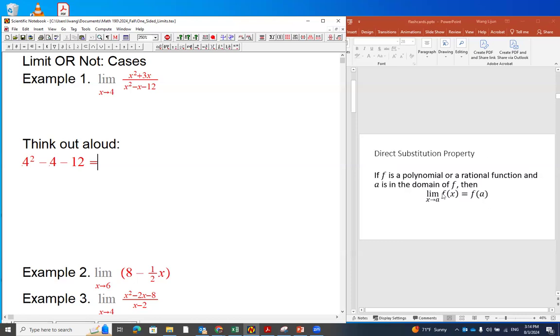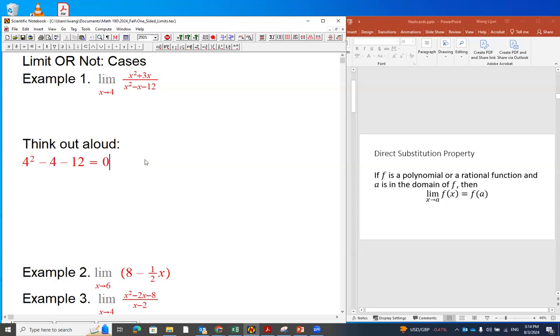We're thinking if I can use that. But to apply direct substitution, I should guarantee the denominator is not 0, because this is a rational function. If the denominator is not 0, that means the number is in the domain. So one way to check it is to plug into the denominator. When I plug in, I get 0, because 16 minus 4 is 12, minus 12 is 0.